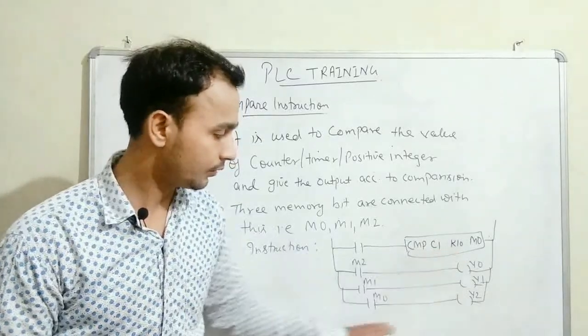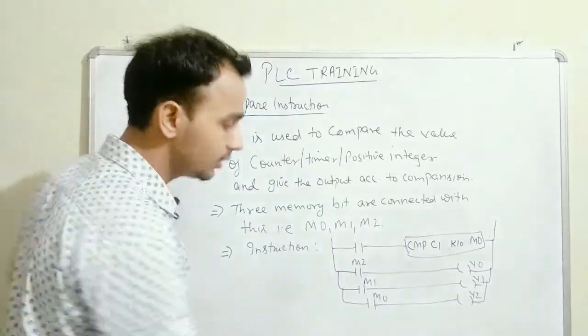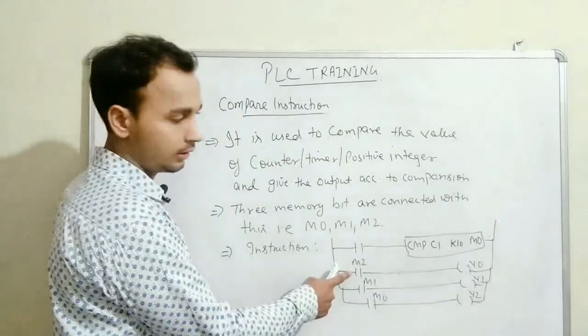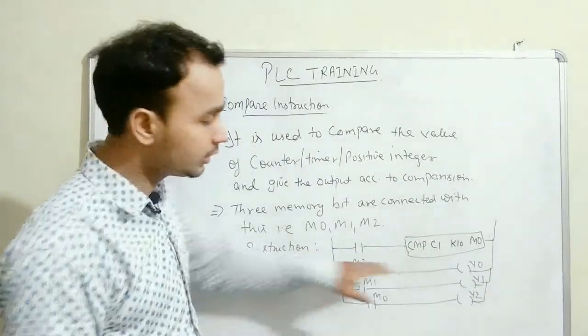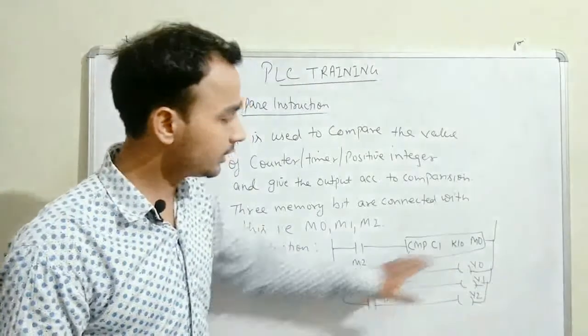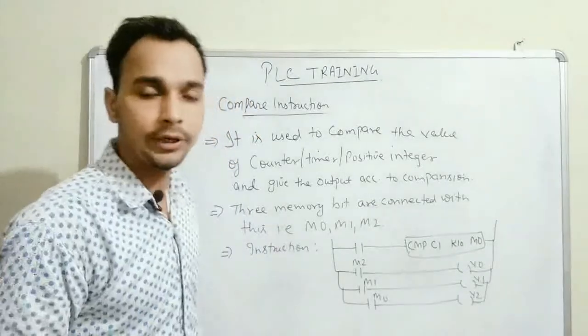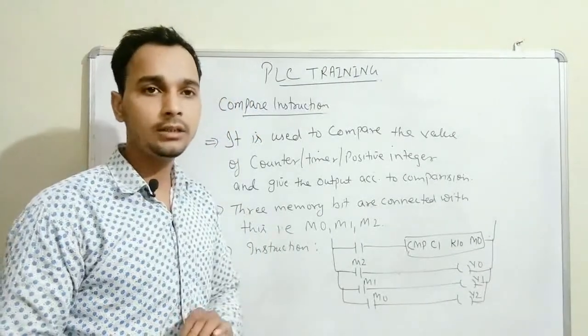With this condition we will make the program. If the value of C1 is less than 10, M2 will operate. If the value is equal to 10, M1 will operate. If the value is greater than 10, M0 will operate. I hope it's clear.